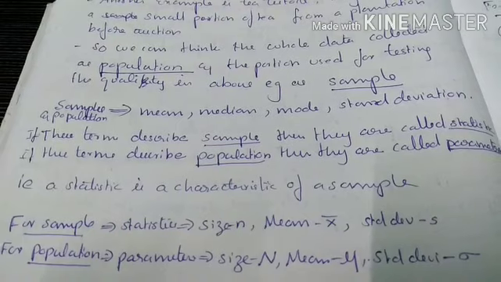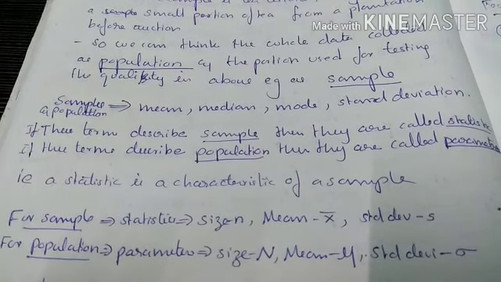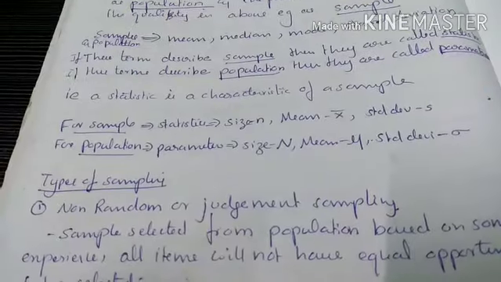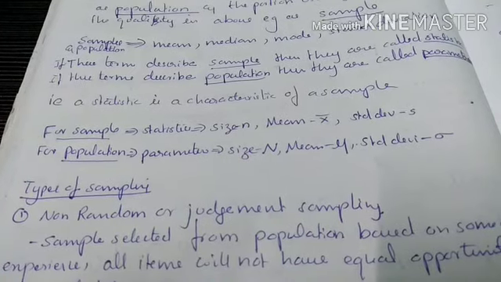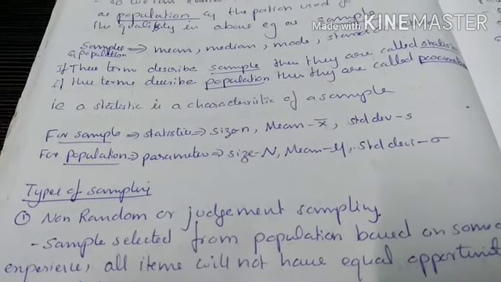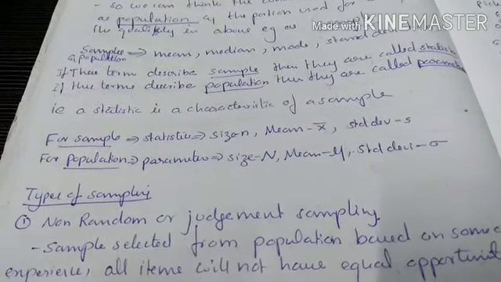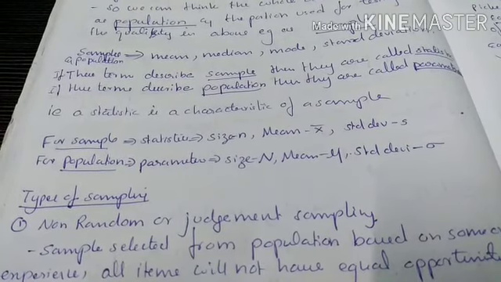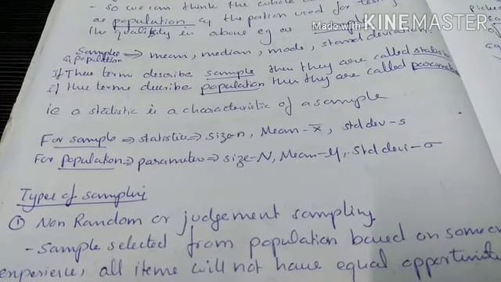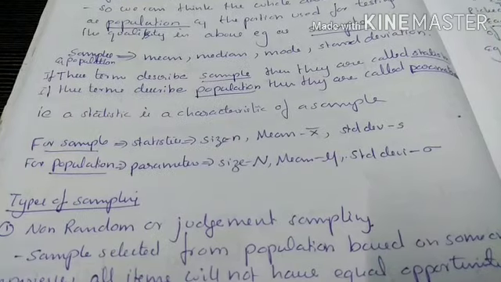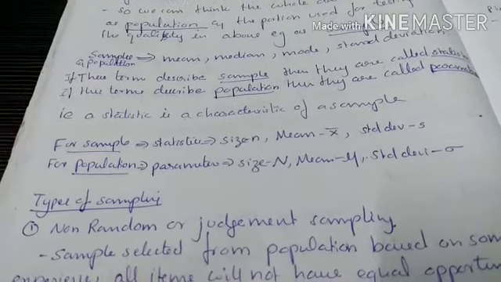It's important. That is, a statistic is a characteristic of a sample. For a sample, we represent size as n, mean as x bar and standard deviation as small s. For a population, we represent size as capital N, mean as mu and standard deviation as sigma.